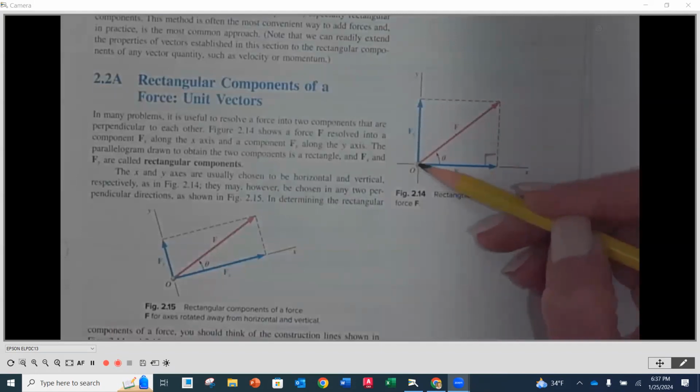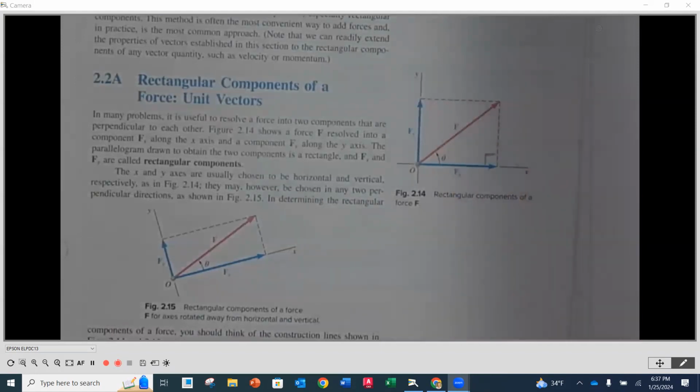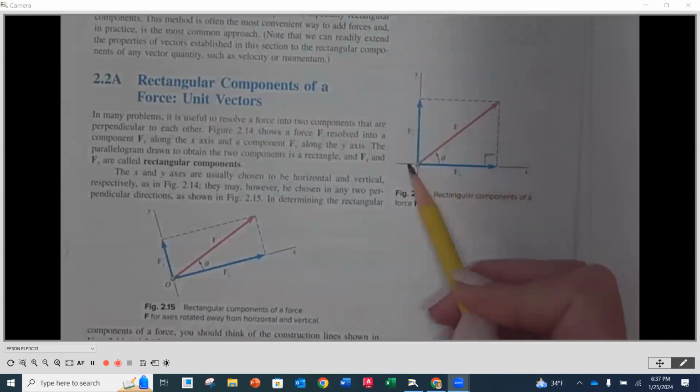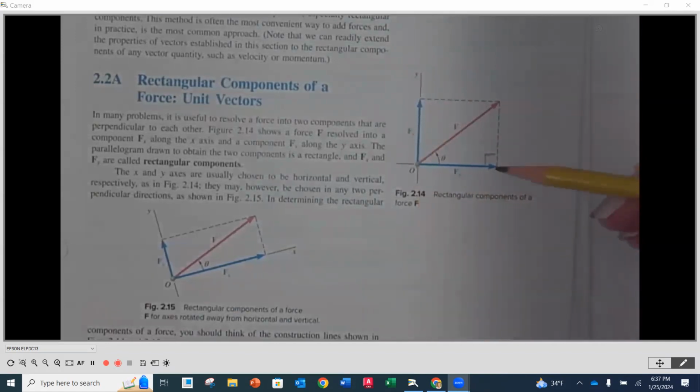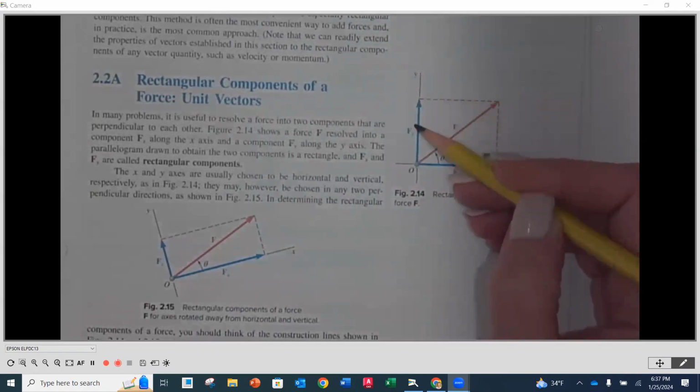Okay. So if we draw our force, you're going to notice that we have these dotted lines here. These dotted lines are representing lines that are parallel to the x-axis and to the y-axis. Okay. Now they also represent, if we look at this, there's a right triangle that's developed on either side here. Okay.